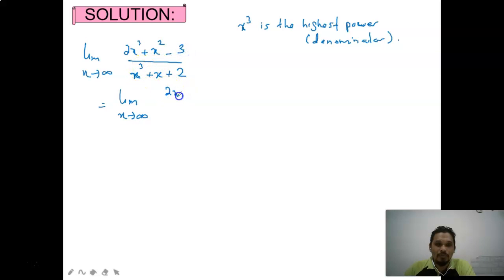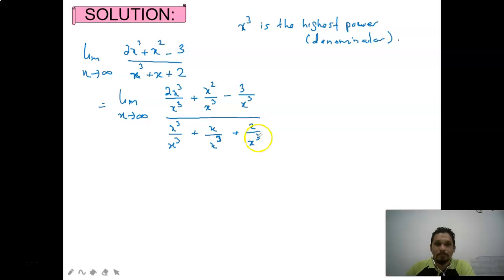So now 2x cubed divided by x cubed, plus x squared divided by x cubed, minus 3 divided by x cubed, all divided by x cubed divided by x cubed, plus x divided by x cubed, plus 2 divided by x cubed.